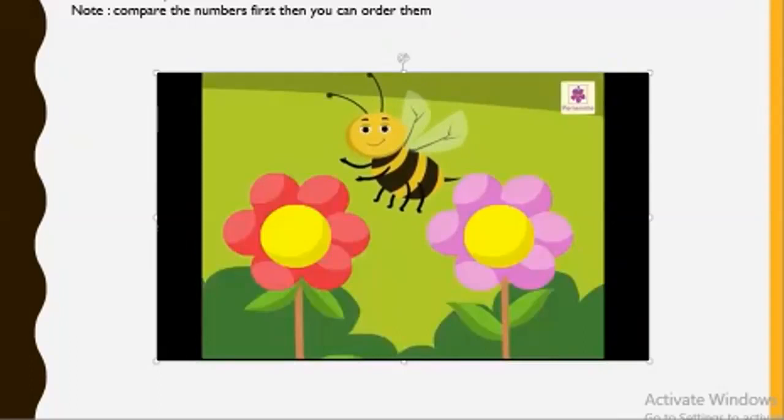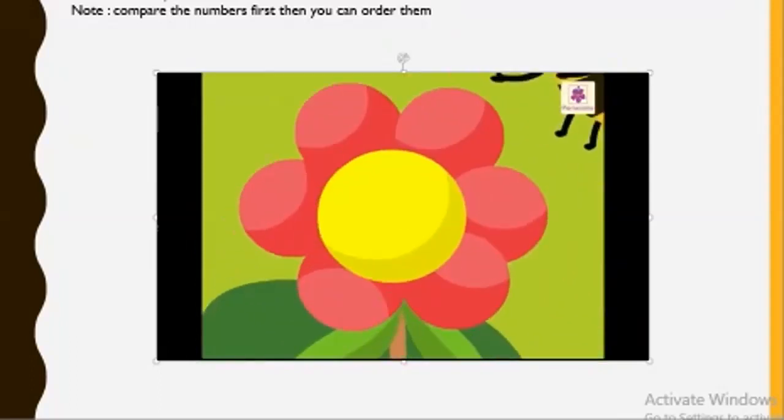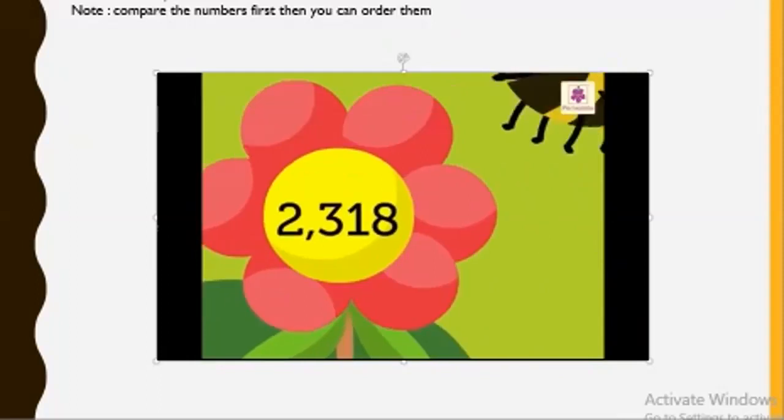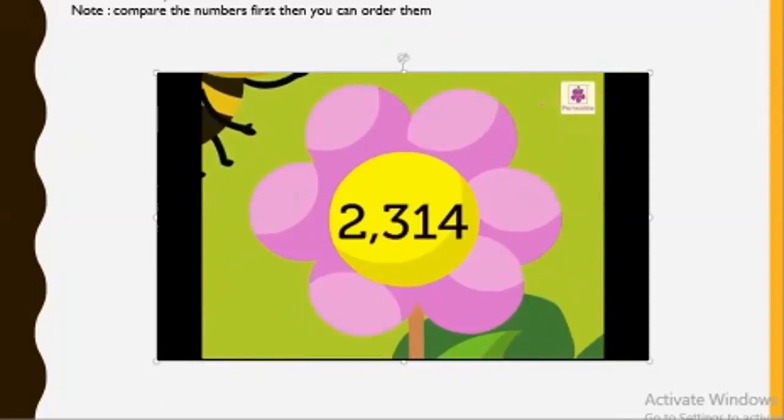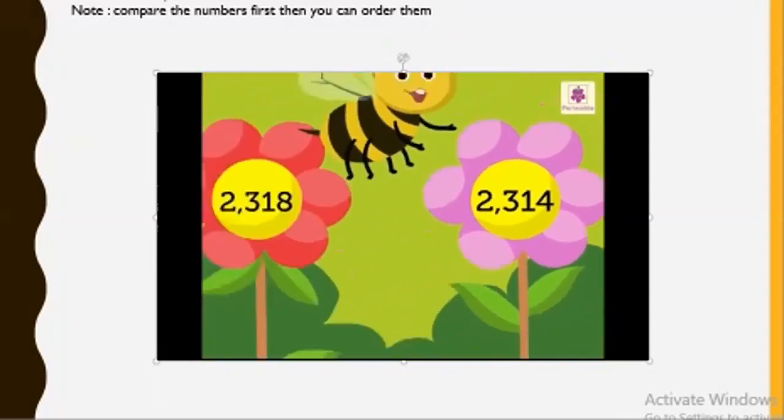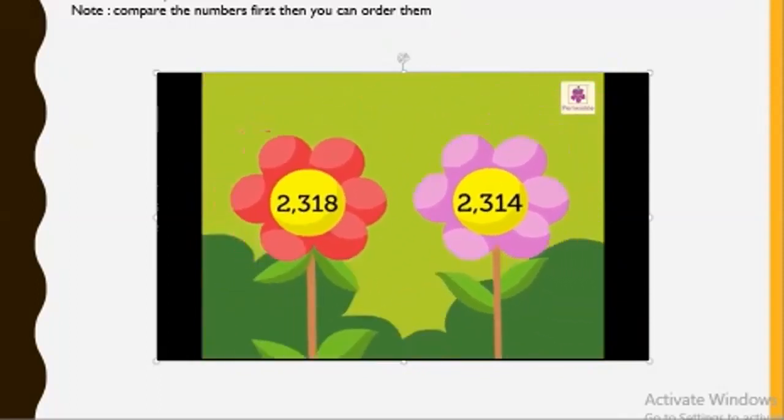Let us try one more example. Look at the numbers 2,318 and 2,314 on the flowers. Both the numbers have 2 in the thousands place. So, we compare the digits in the hundreds place. Both the numbers have 3 in the hundreds place. So, we compare the digits in the tens place.